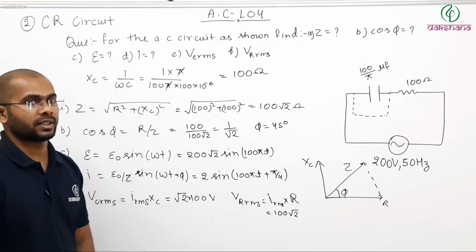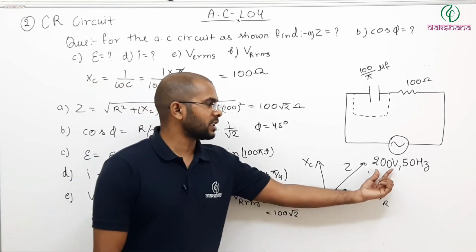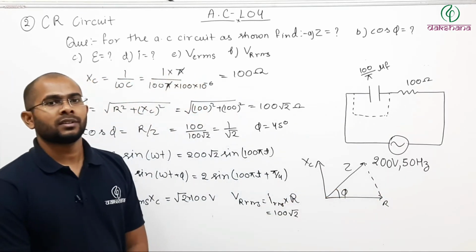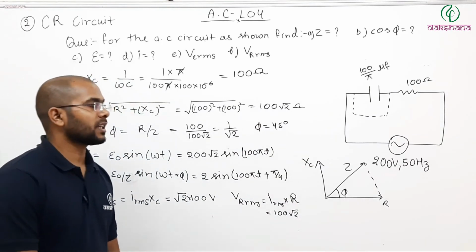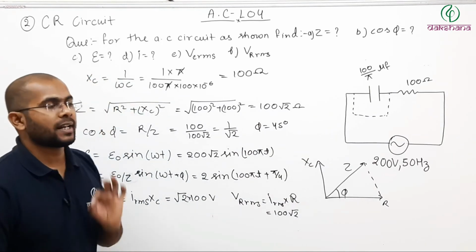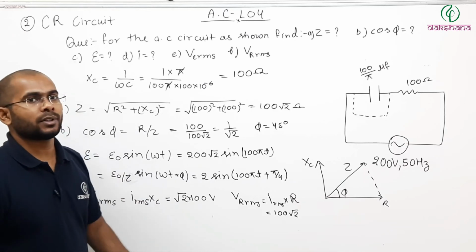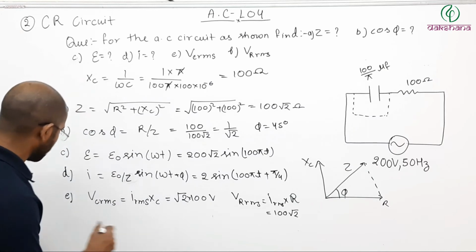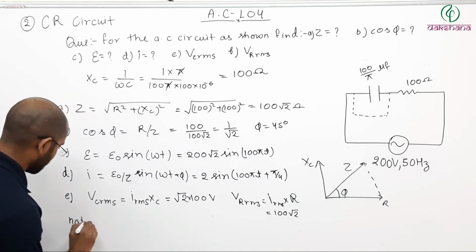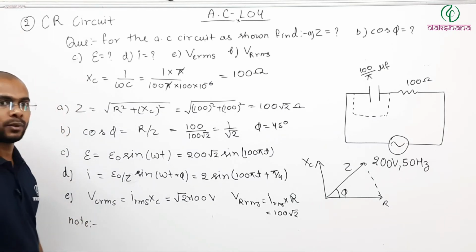But the RMS voltage here is only 200. So in an AC circuit, you cannot directly add the RMS voltages of different components. That you should make a note of. Write that as a note.